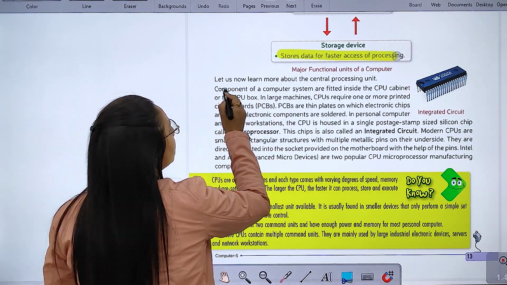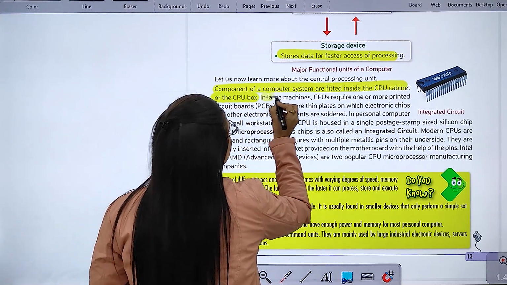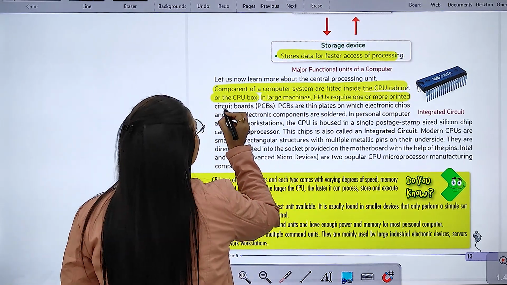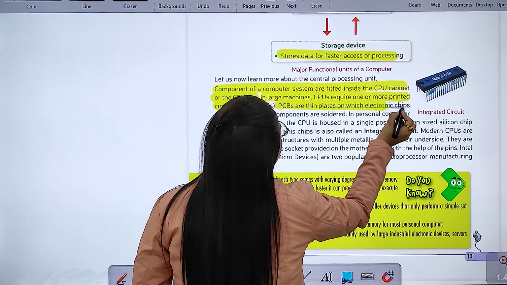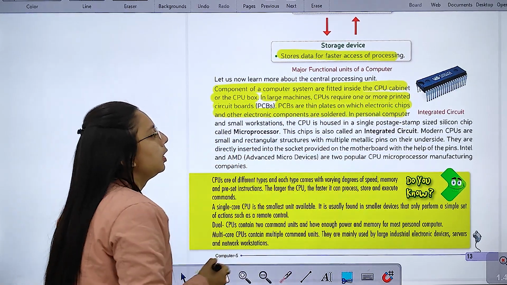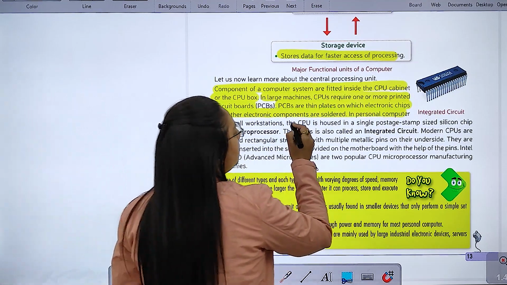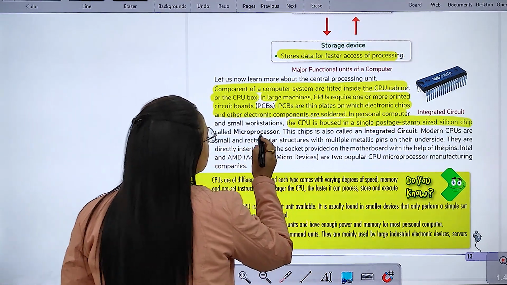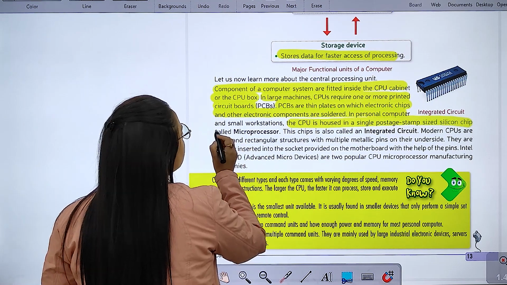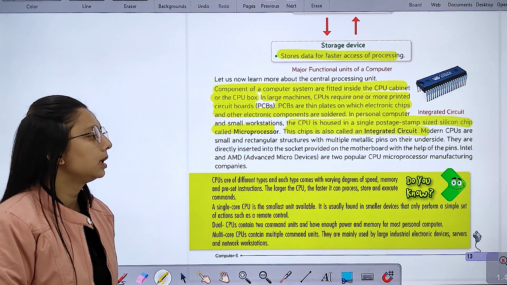Now, components of the computer system are fitted inside the CPU cabinet or CPU box. In large machines, they require one or more printed circuit boards, thin plates on which electronic chips and other electronic components are soldered. In personal computers and small workstations, the CPU is housed in a single postage stamp size silicon chip called microprocessor. It is also called integrated circuit.